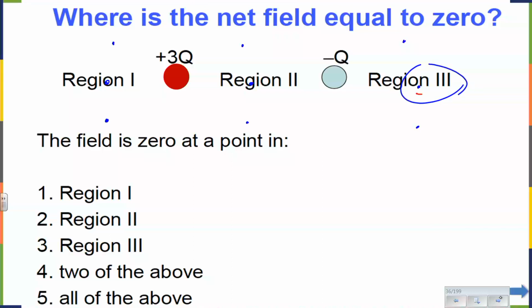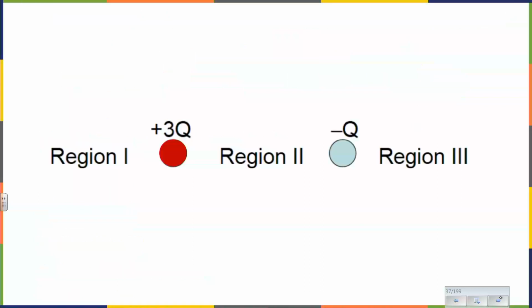Well, this is our assumption. A positive charge should be repelled by a strong positive charge and should be attracted by a weaker negative charge. So these forces should be able to cancel each other.